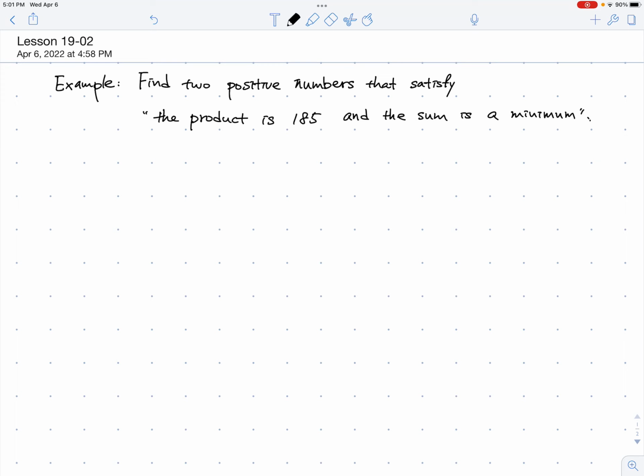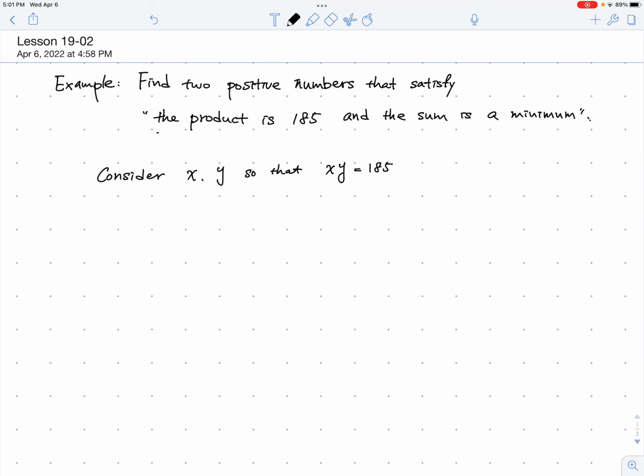Okay, so here suppose x and y are the two positive integers, so we can consider x and y so that x times y equals 185. Why?